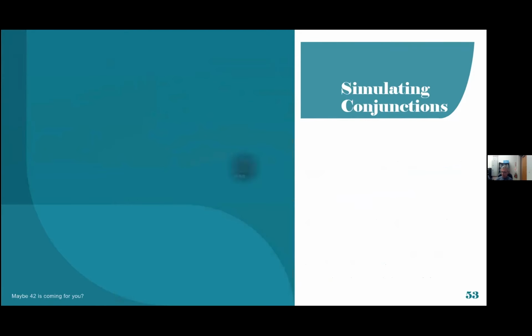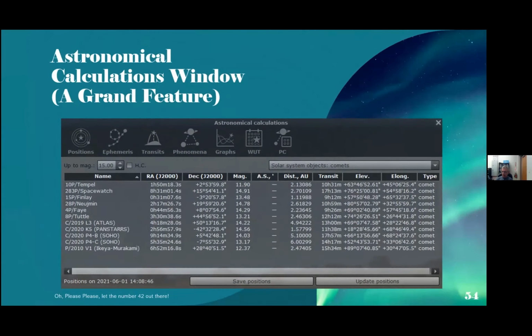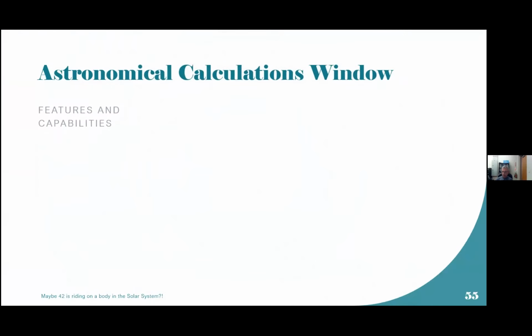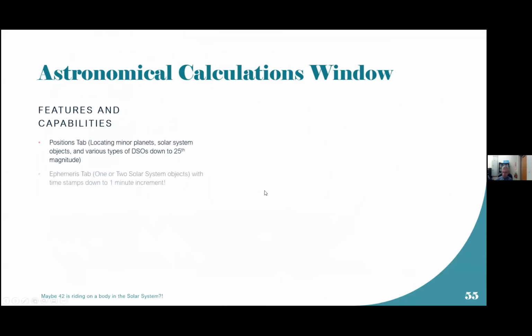So Stellarium has a lot of cool features now. And this is one grand feature, the astronomical calculation window. So here, what you can do is you've got positions for locating objects, deep sky objects down to 25th magnitude, solar system objects, an ephemeris tab with one or two solar system objects. You can get the data with timestamps down to 1-minute increments.